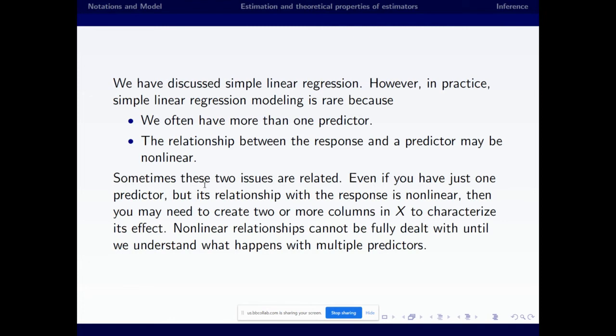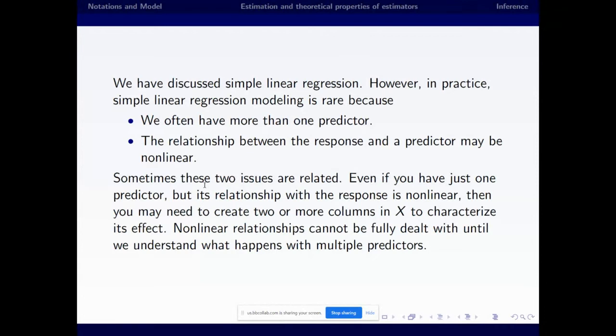You can think about study time, sleeping time, age, gender, social economic status, and etc. So there are many predictors that we can use to make a prediction for the outcome, or to make an association with the outcome. So simple linear regression is not very practical in many cases.